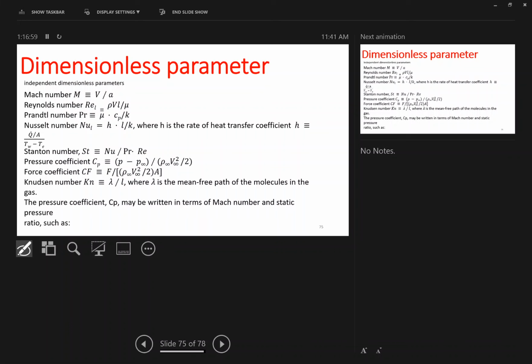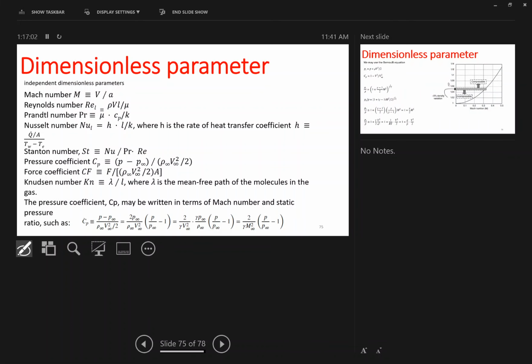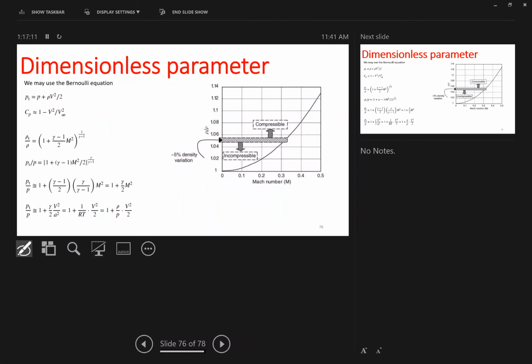And we can rewrite the pressure coefficient as this. We can actually relate it to the Mach number. If we are in the incompressible flow region, which is where you have only 5% density variation between the total density and the static density, then we can rewrite the equation and find the relationships.